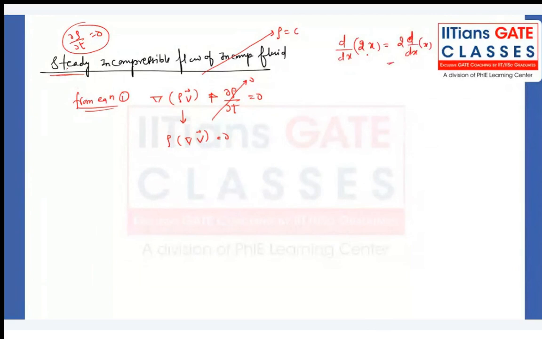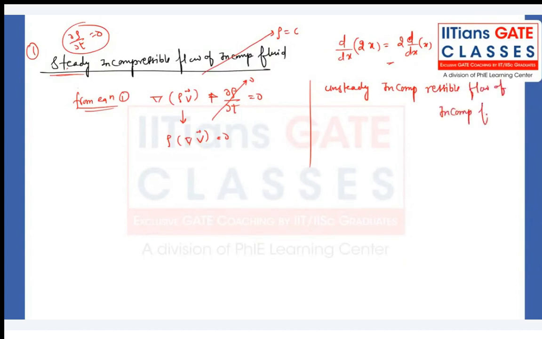Now, the second statement, after the first one. What is the equation for unsteady incompressible flow of incompressible fluid? You only tell me the equation of this one. From the starting, if I just take, what can we write?